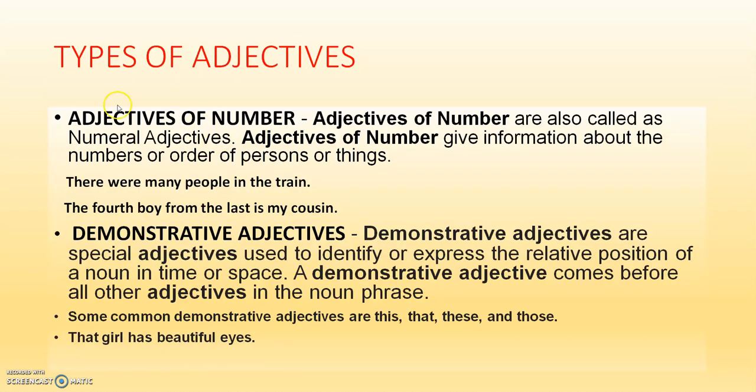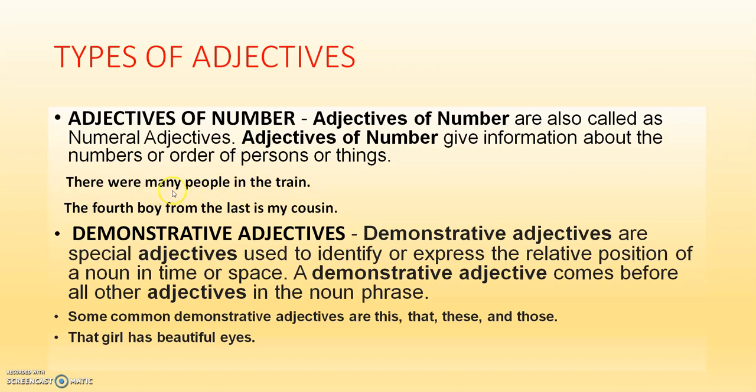The next is adjectives of number. Adjectives of number are also called numeral adjectives. They give information about the number or order of persons or things. Here, like, there were many people in the train.